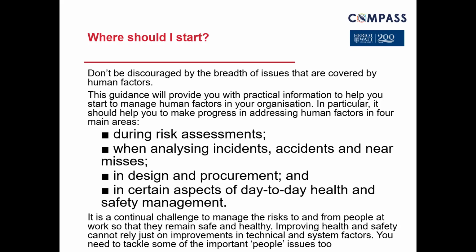So after an accident, I know that my accident investigations tend to look at all areas as root cause analysis, but I certainly make sure that we consider the human factor, and then after that, I will revise the risk assessment accordingly.